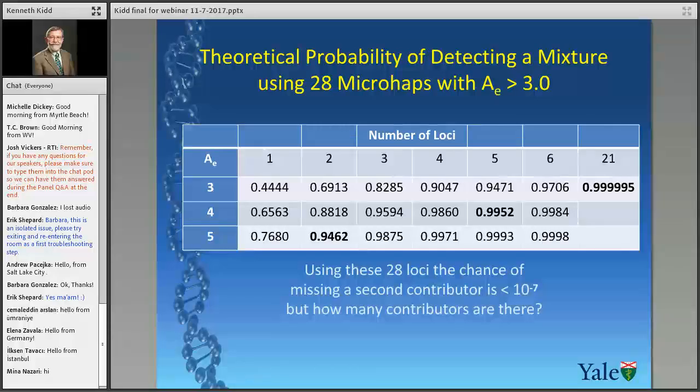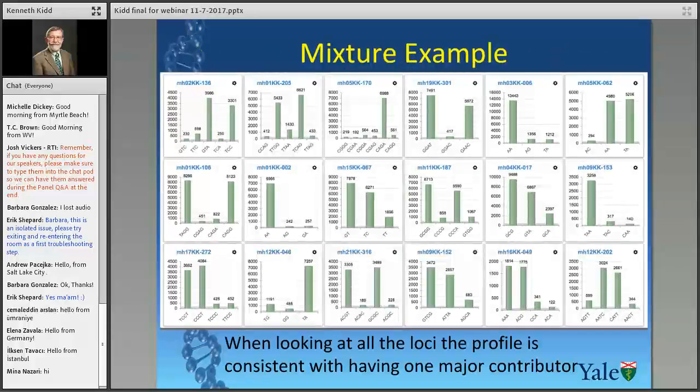Hence, the probability of missing a second contributor is less than 10 to the minus 7.